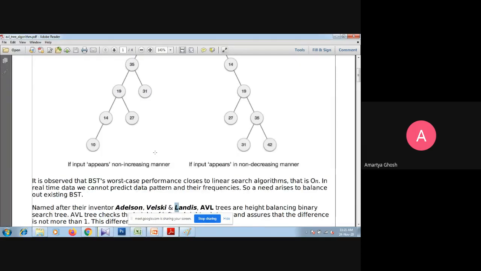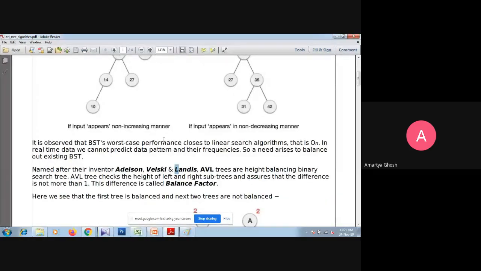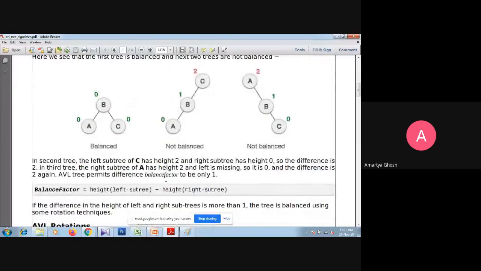For a particular tree, all the nodes have a balance factor. And what is the balance factor? Balance factor is the height of the left subtree of that particular node minus the height of the right subtree of that particular node.